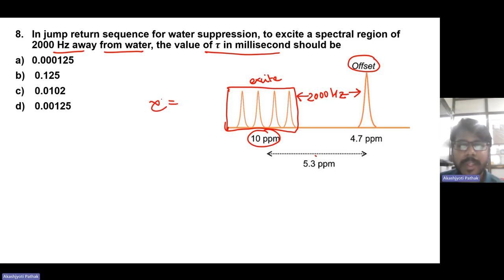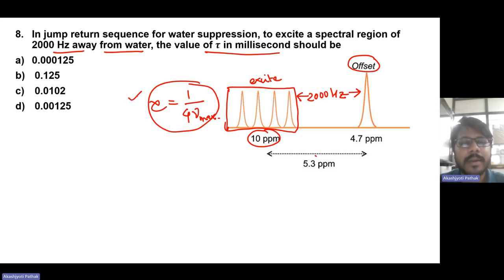Just now in the previous slide, we saw that the value of tau should be 1 by 4 times nu max. So now using this formula, you can get the value of tau. Put the value of nu equal to 2000 hertz.